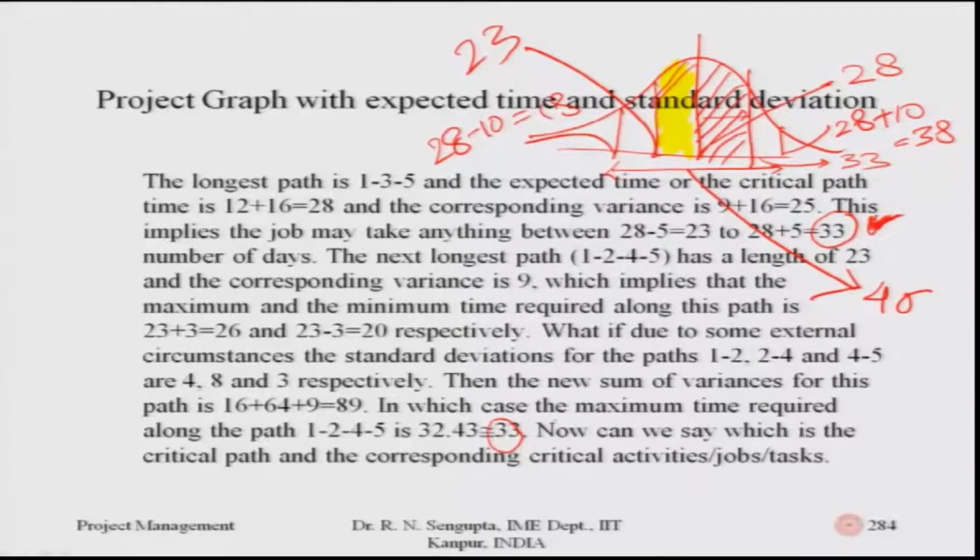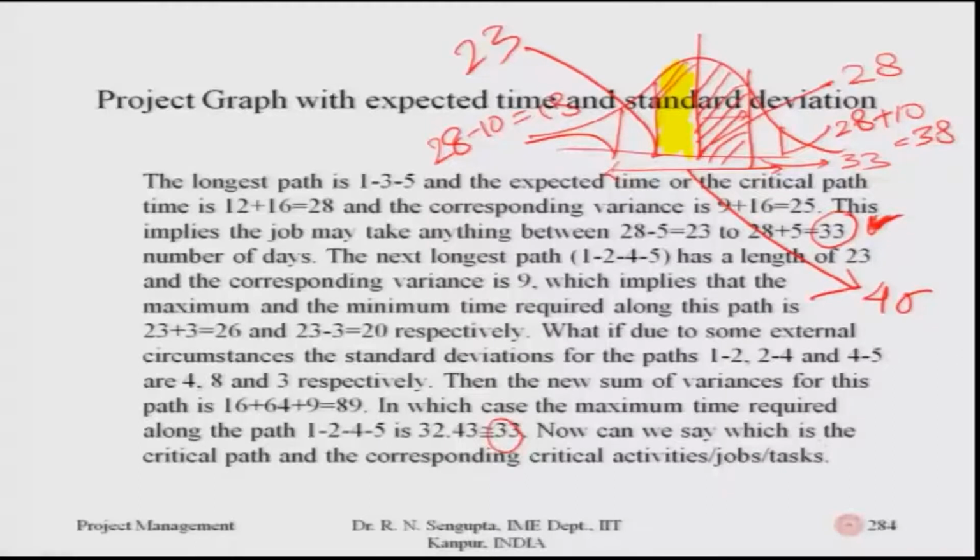Now, where does the problem arise if you have the PERT concept take into consideration the practical applications? We will see that the critical path may not be the actual critical path which you have found out using the backward pass method and the forward pass method.